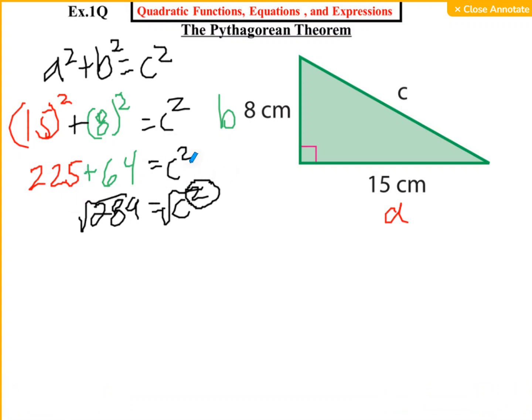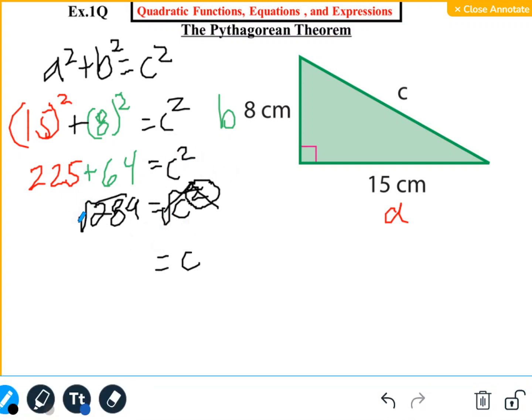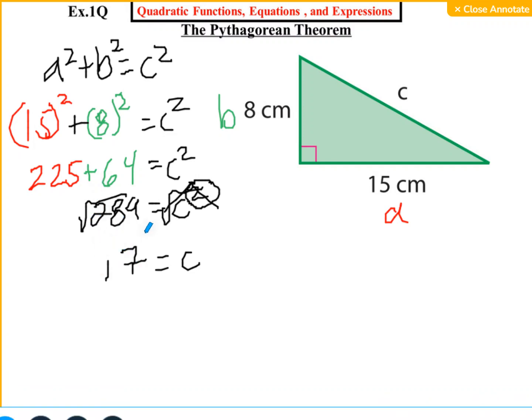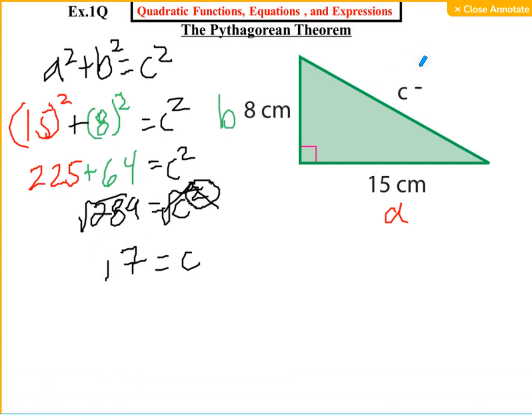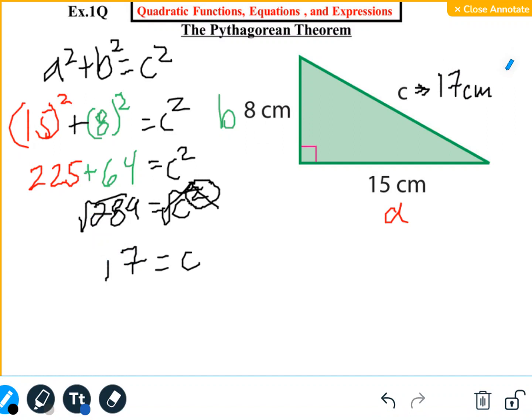Square root. c equals, and by now, as we mentioned last week, since we're dealing with distances and time, we no longer use the negative part of the square root. We only use the positive. So the square root of 289 is 17. So label that equal to 17 centimeters.